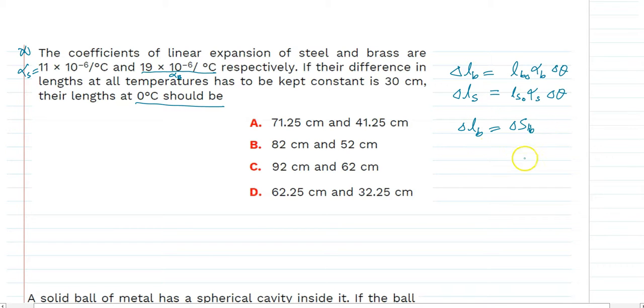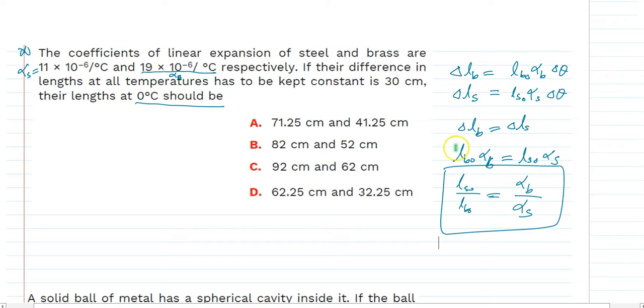So del LB will be del LS, sorry, del LS. Then you can see that LB naught alpha B equals LS naught alpha S, and LS naught by LB naught will be alpha B by alpha S. Okay, this is the solution. You have to put in the data and find the answer.